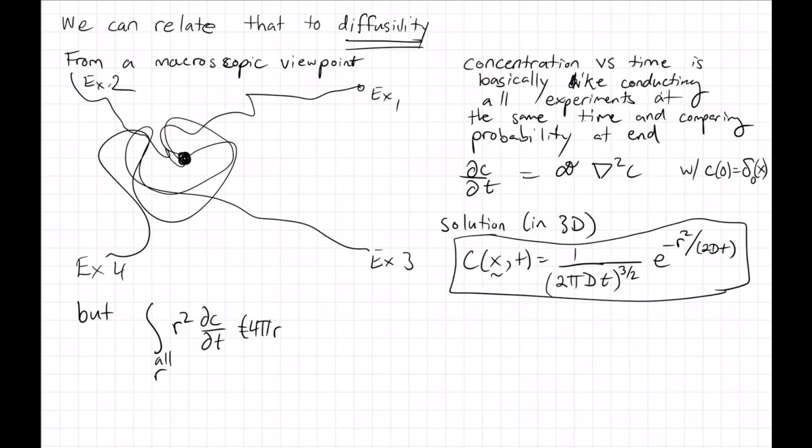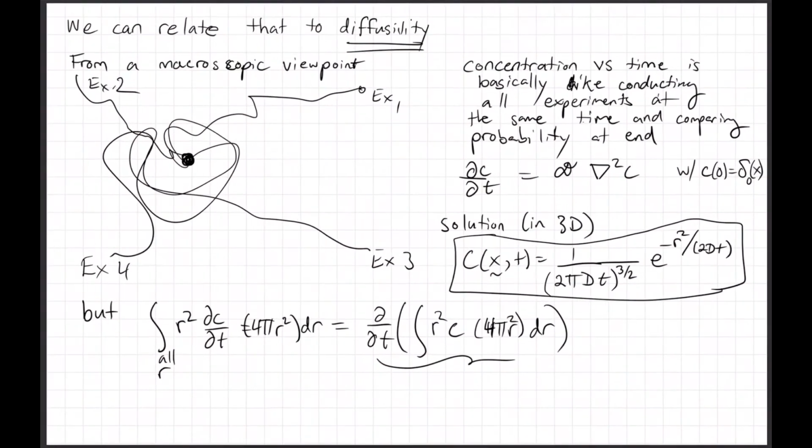When I do this integration, I need to do it over the full spherical coordinates. That includes the phi and theta components, which gives a 4 pi r squared dr when I do the statistical weighting. I can expand that out and reverse the order of those integrals to do the time derivative second and the integral first, on the inside.